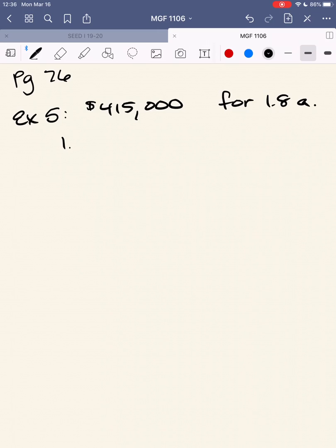So I have 1.8 acres, and I'm going to put that over 1. For hectares, 0.4 hectares, HA, is the equivalent of 1 acre.